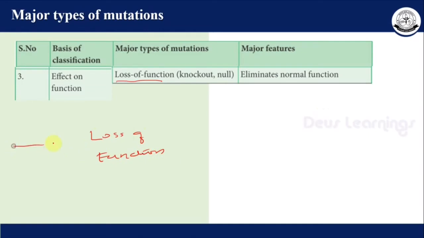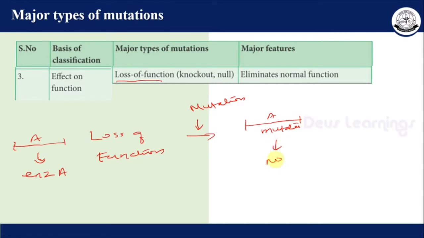Suppose there is a gene A, and that gene makes enzyme A. And because of mutation, gene A is mutated, so there is no enzyme A. So the functions mediated by enzyme A will not happen.